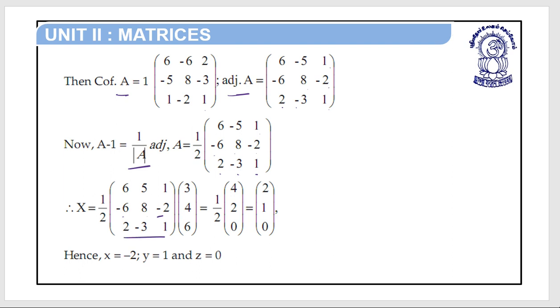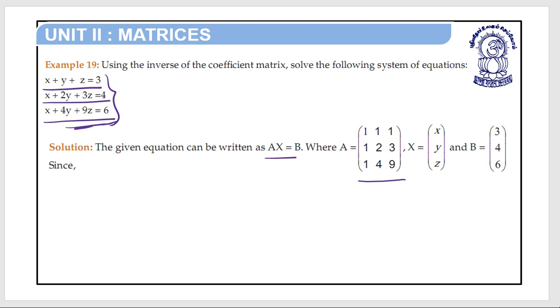into 3 4 6. So take the multiplication. 6 3s are 18, plus the value of 3 4 and 6.